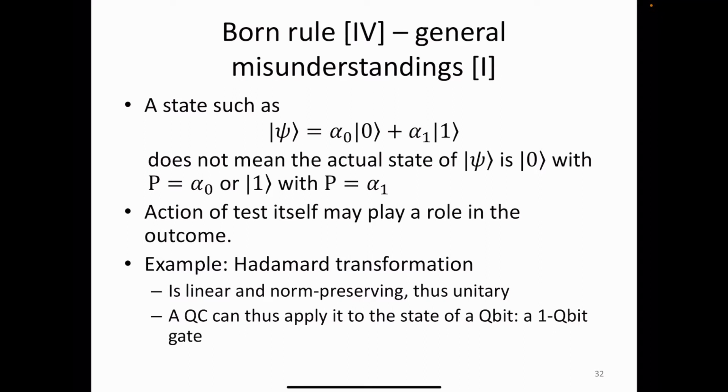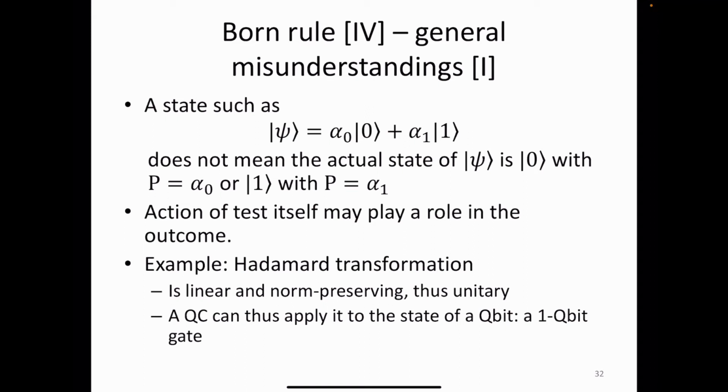That does not mean that prior to the test, the qubit already carried the value revealed by that measurement and was already described by the classical basis state, because among other possibilities, the action of the test itself, that's the important phrase here, the action of the test itself may play a role in bringing forth the outcome.